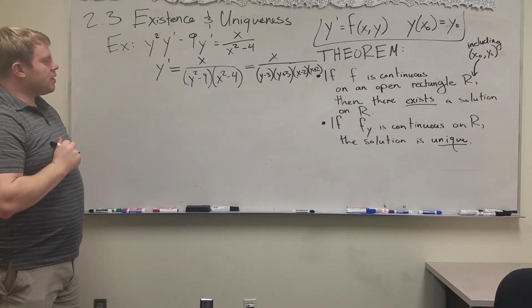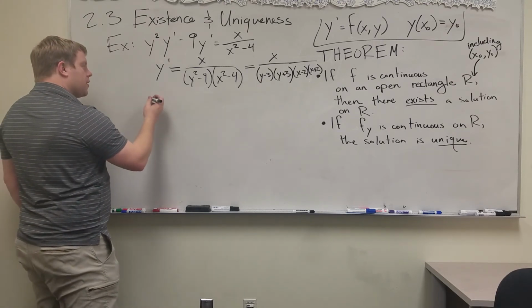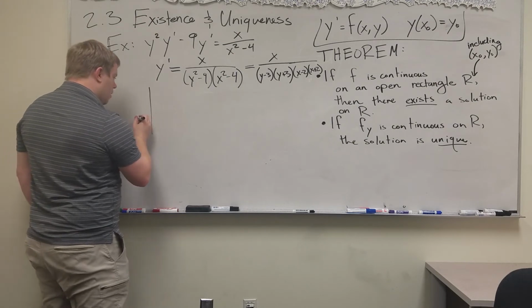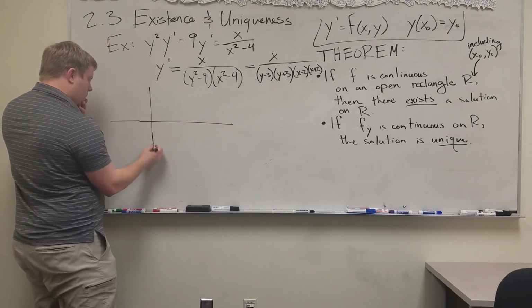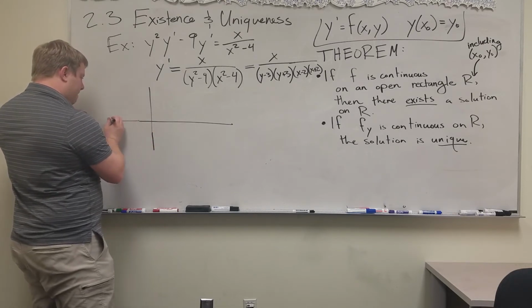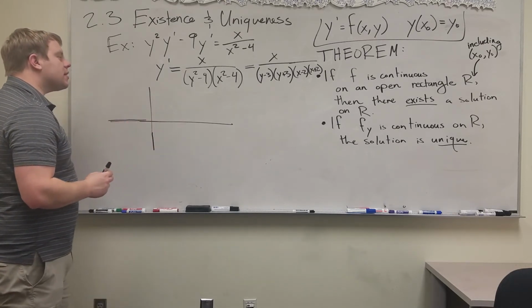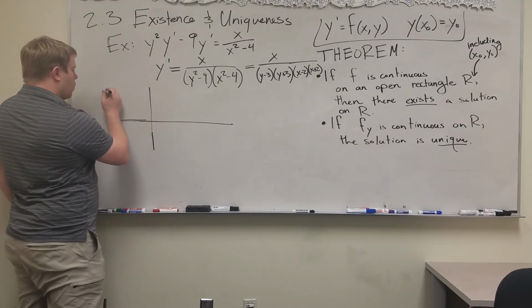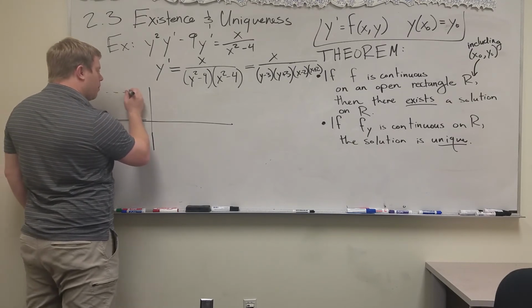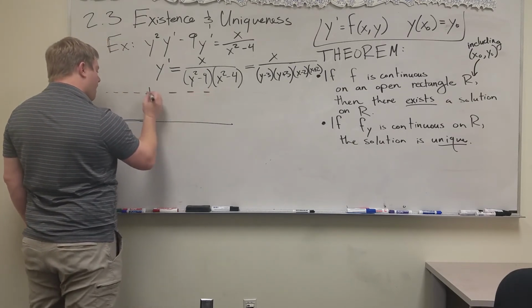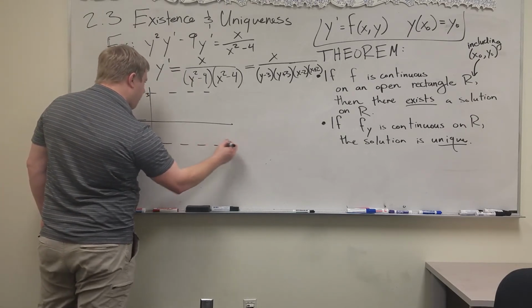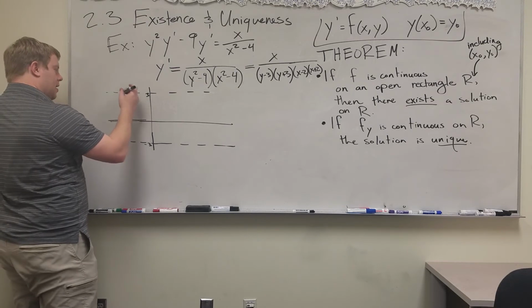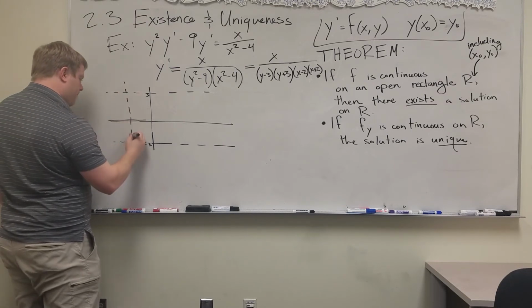So this means that solutions for this problem only exist as long as y does not equal plus or minus 3 and x does not equal plus or minus 2.